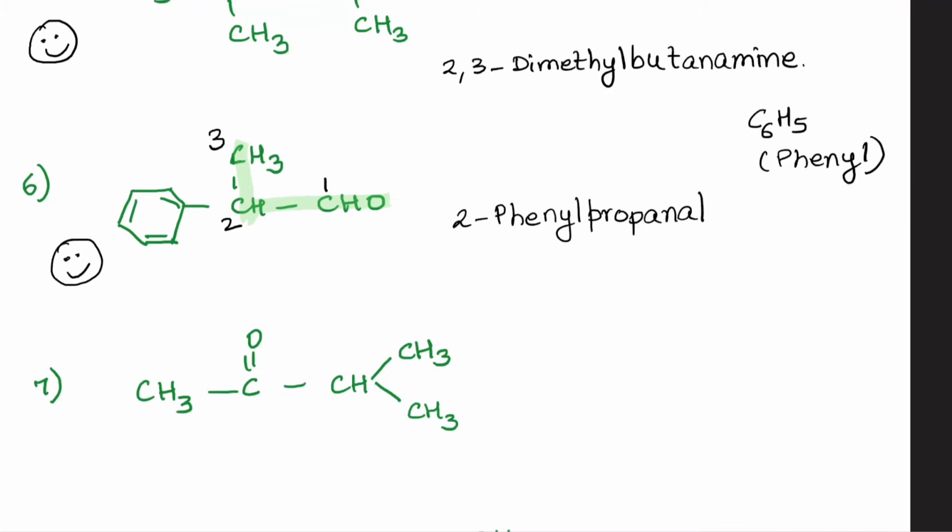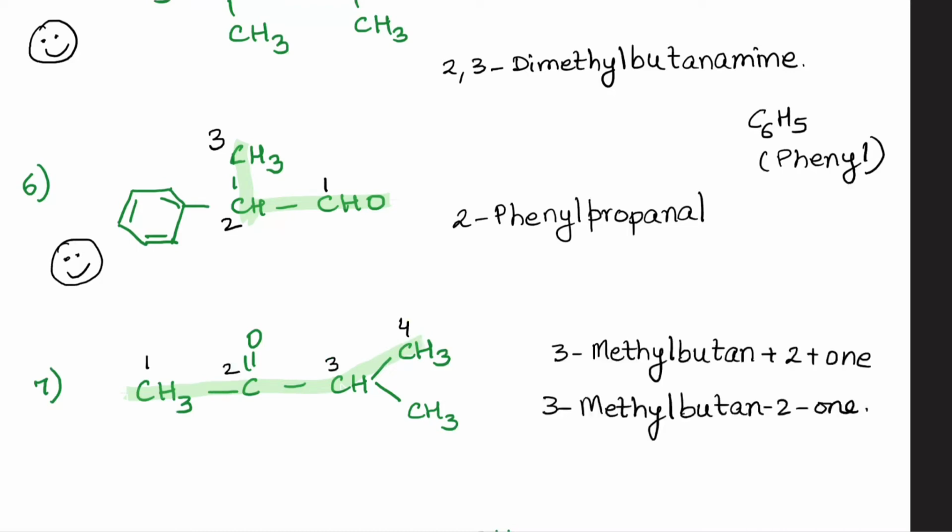Name this compound. Mark the main chain carefully. 1, 2, 3, 4. Go ahead. So this compound now has a ketonic group, C double bond O flanked by carbon on both sides.